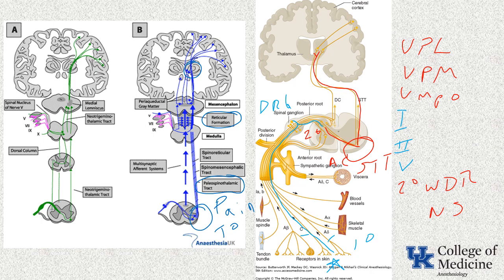There's also a subdivision called the anterior spinothalamic tract. Its other name is the neospinothalamic tract. And this is what transmits crude touch and pressure.